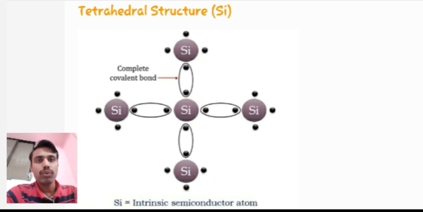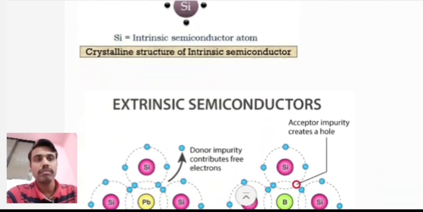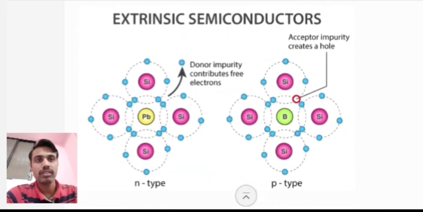Now we can convert this intrinsic semiconductor to an extrinsic semiconductor by simply replacing atoms with pentavalent or trivalent impurities. There are two types of extrinsic semiconductors, n-type and p-type, made by replacing with pentavalent and trivalent impurities respectively.